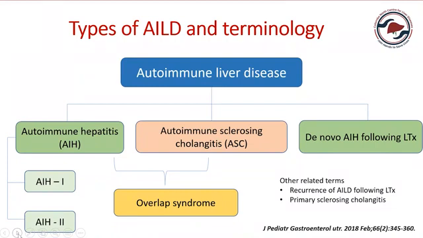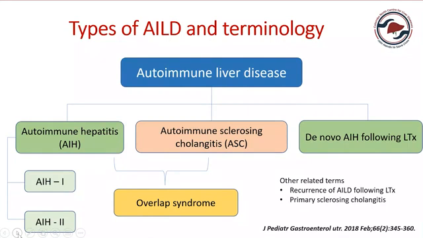It could be intrahepatic bile ducts or extrahepatic bile ducts. The third category is de novo autoimmune hepatitis following liver transplantation. This is a disease which happens after liver transplant, in a transplanted graft where the primary disease was not autoimmune liver disease.